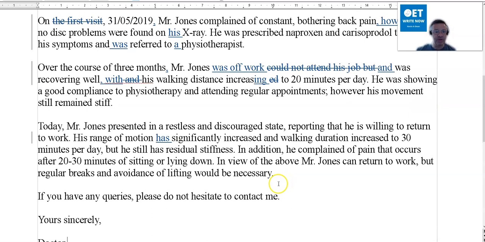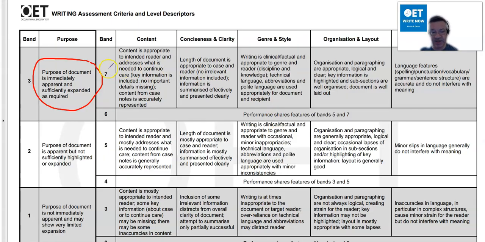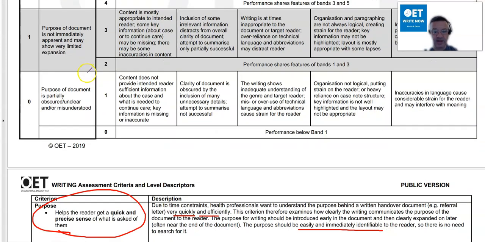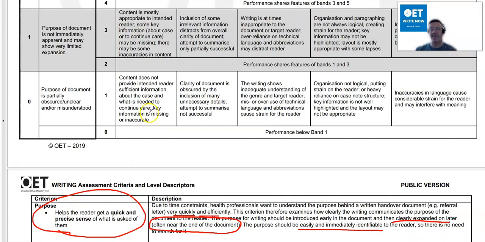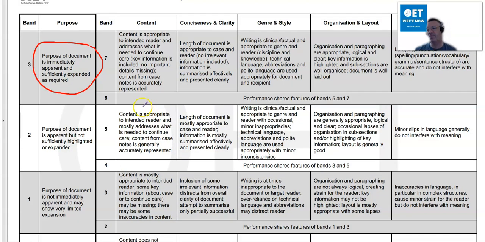Now I would probably like you to restate the purpose, like the criteria says, at the end. Clearly expand on later, often near the end of the document. So you'll often see at the bottom, in view of the above, I would appreciate if you could, it would be appreciated if you could, blah, blah, blah.